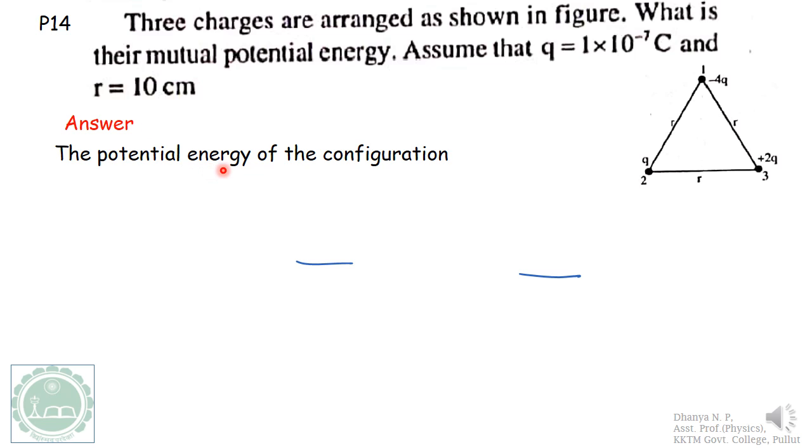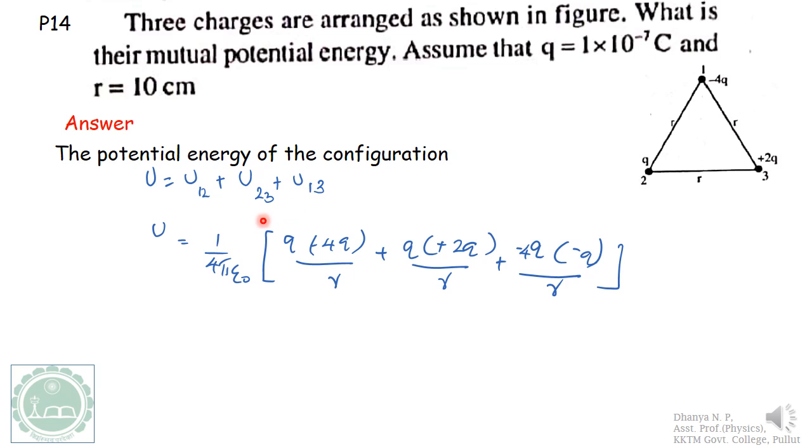We have to find the potential energy of this configuration. Total potential energy will be the sum of the potential energies of each pair. We can pair each of these charges. That is, U is equal to U12 plus U23 plus U13. It is 1 by 4 pi epsilon 0.